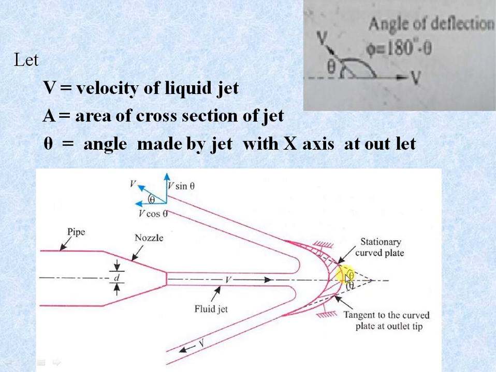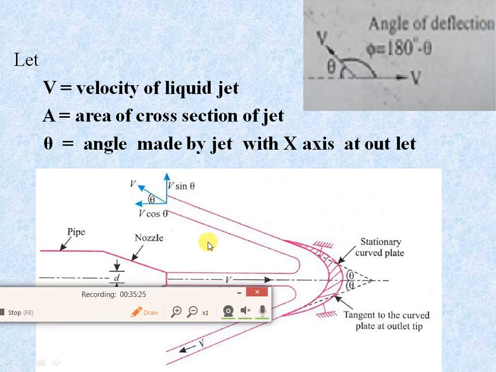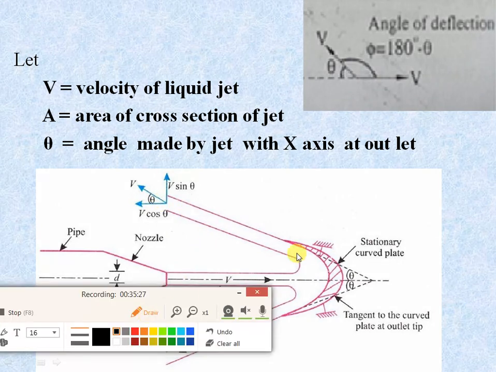So you can see a stationary curved plate, with a jet of velocity v striking the fixed curved plate. Both the tip angles are the same, theta. If you extend this line, we get this theta angle.